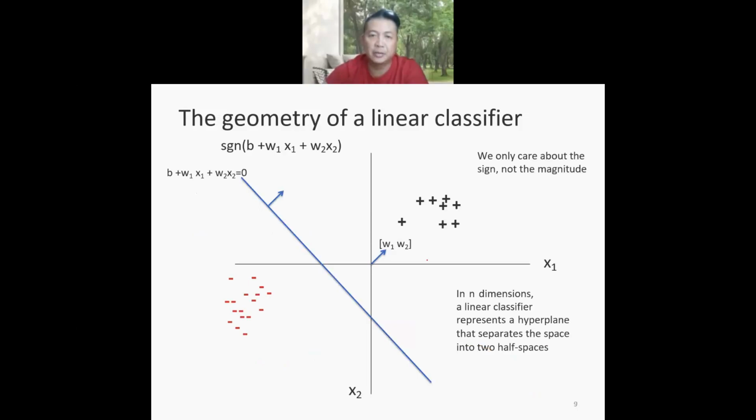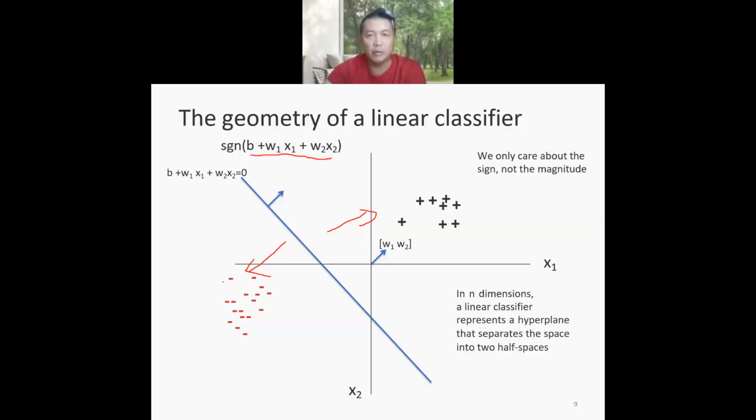Like I mentioned just now, for example, we have this linear line. What we want to do is look at whether it goes to this side or this side. We do not care about the magnitude, about how large the amount is, but we want to look at the sign of your computation.